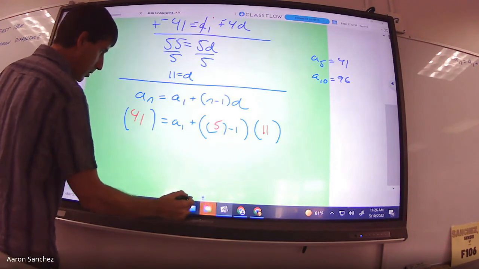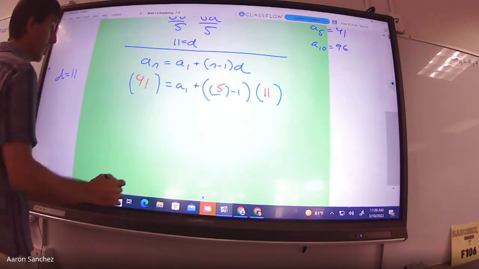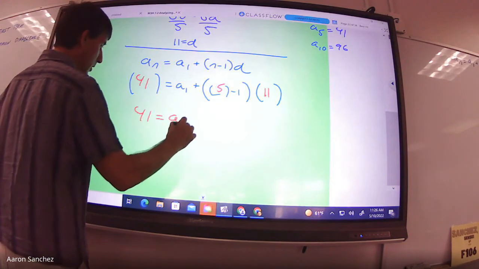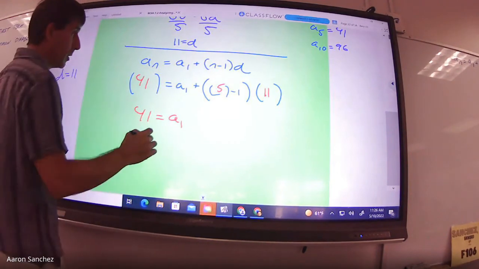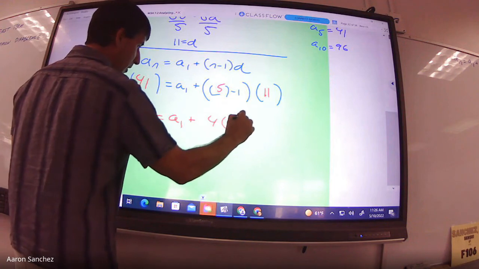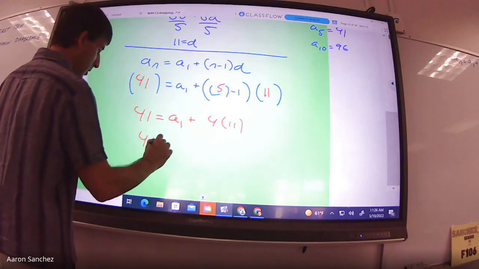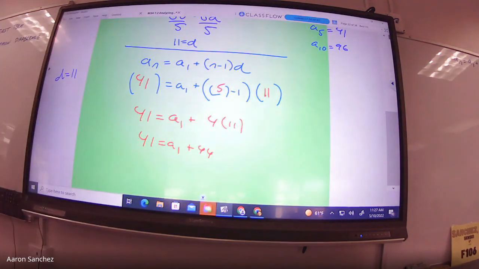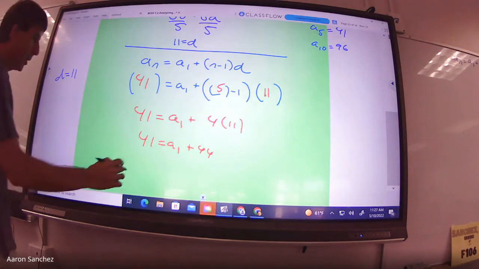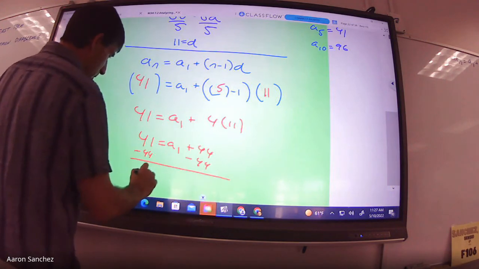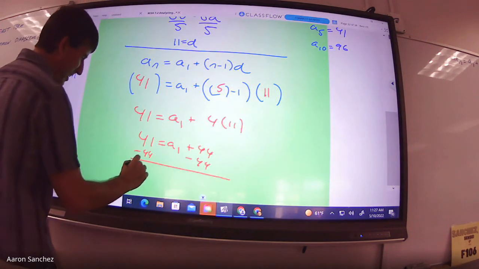So we say 41 equals a sub 1 plus 5 minus 1, which is 4, times 11, which is 44. Plus 44. Then you subtract 44 on both sides, and we have our a sub 1: negative 3.